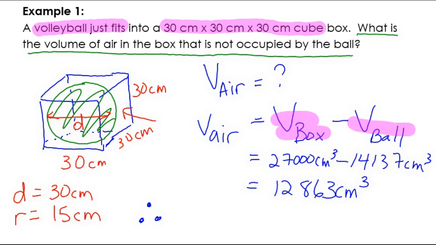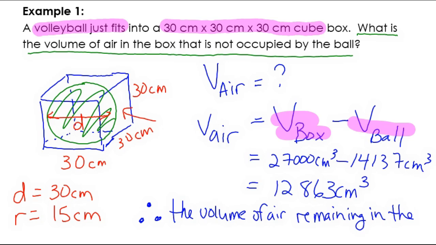So therefore, the volume of air remaining in the box is 12,863 cubic centimeters. And now I've done, I've paraphrased and I've finished. There's a complete solution.